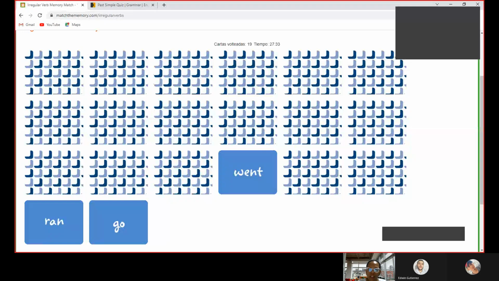Well, share with us some irregular verbs that you can find in this activity, Anwar. Which ones can you remember? A couple of irregular verbs in this exercise. Yes, in this exercise, of course.